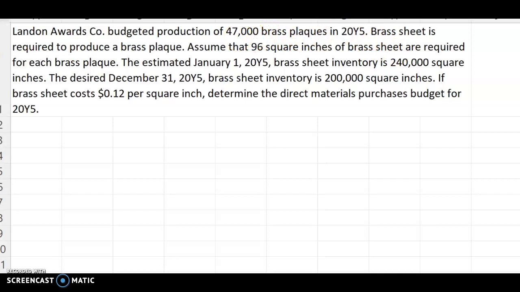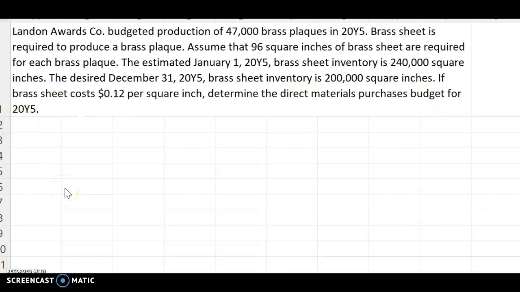They need brass sheets to make the brass plaque. Assume that 96 square inches of brass sheet are required for each brass plaque. The estimated beginning inventory is 240,000 square inches. The desired ending inventory is 200,000 square inches. If brass sheets cost 12 cents per square inch, determine the direct material purchases budget for 2025.